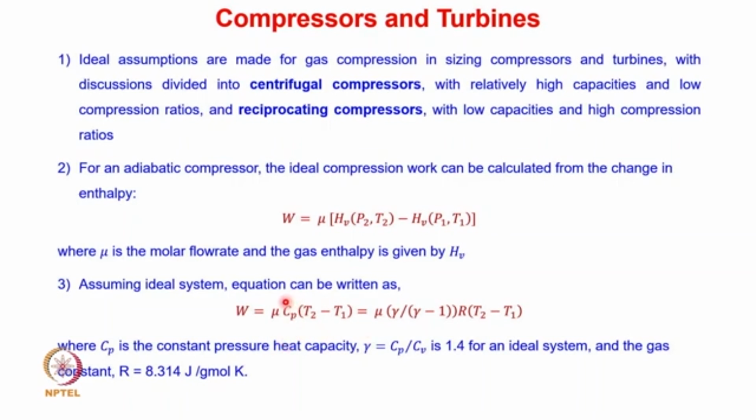Then this Cp value for the ideal gas can be represented in terms of the heat capacity ratio, Cp by Cv. So this is given as ṁ R T times gamma divided by gamma minus 1. Here gamma is Cp divided by Cv, and it is taken as 1.4 for the ideal system, and R is the universal gas constant.